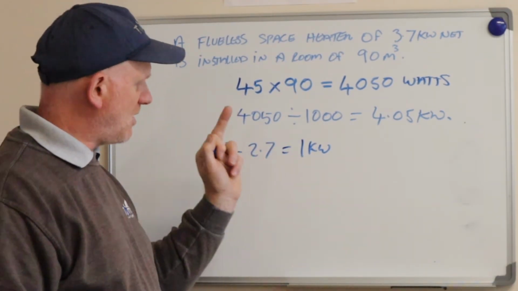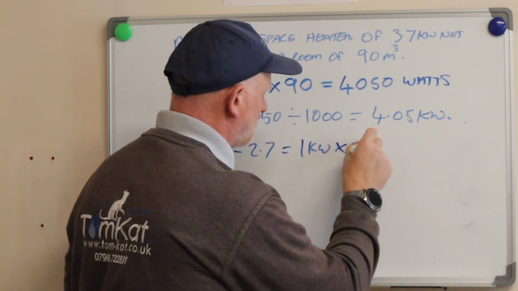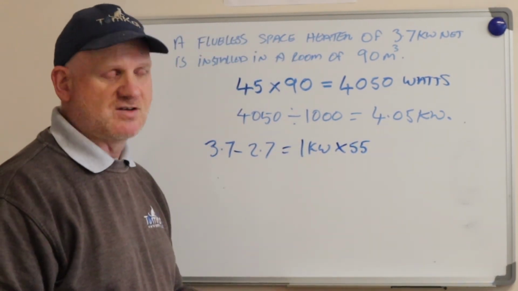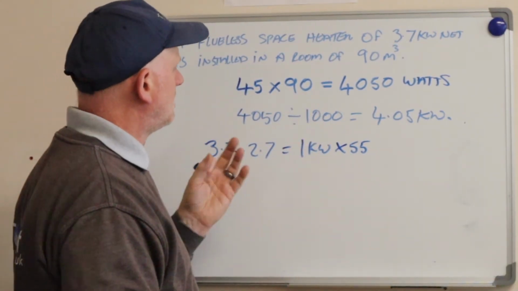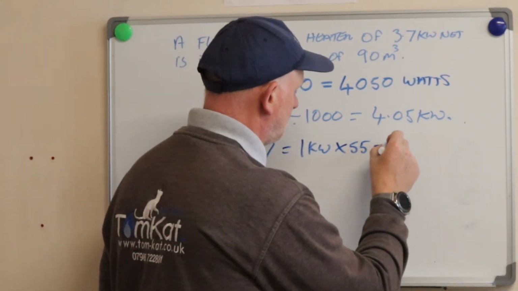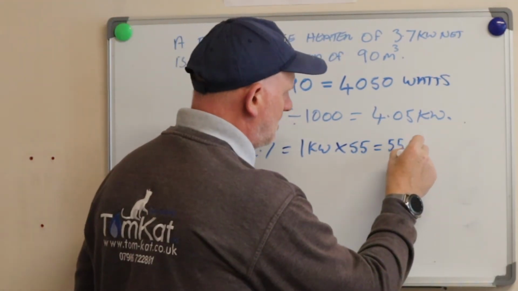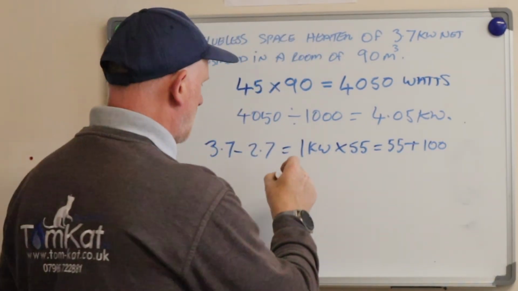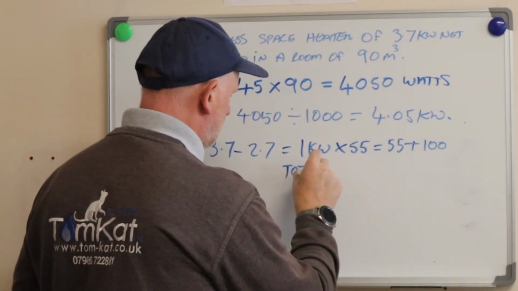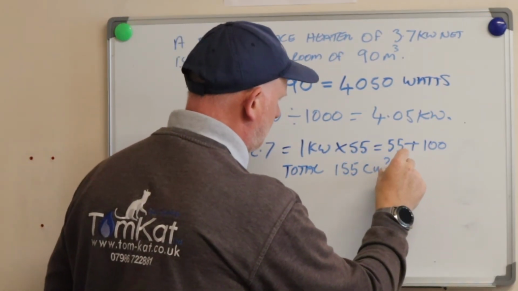So we need to take that 1 kilowatt and times it by 55, because we need an additional 55 centimetres squared for every kilowatt over 2.7. So that equals 55. But then we need to add on the 100, plus 100 gives us a total of 155 centimetres squared of free air.